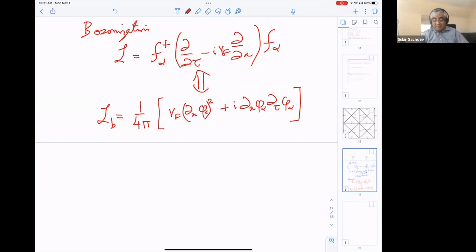There's one such example in my book, and I think you have to take anti-periodic boundary conditions of fermions to get periodic boundary conditions on the bosons. All right, so you have one boson for spin up and one boson for spin down. Okay, so these are free chiral bosons with some Fermi velocity, which is equivalent to a free fermion.